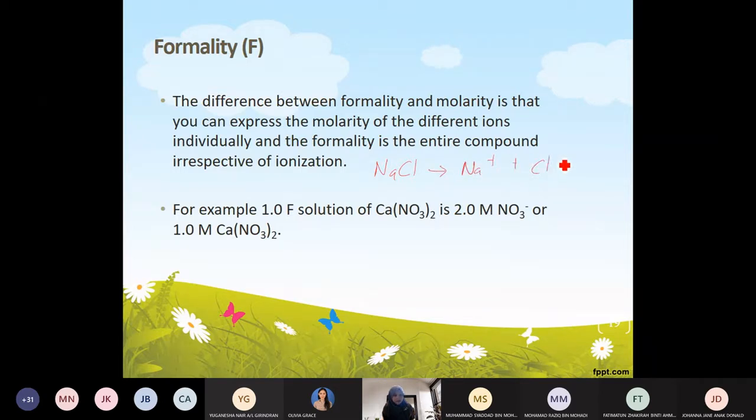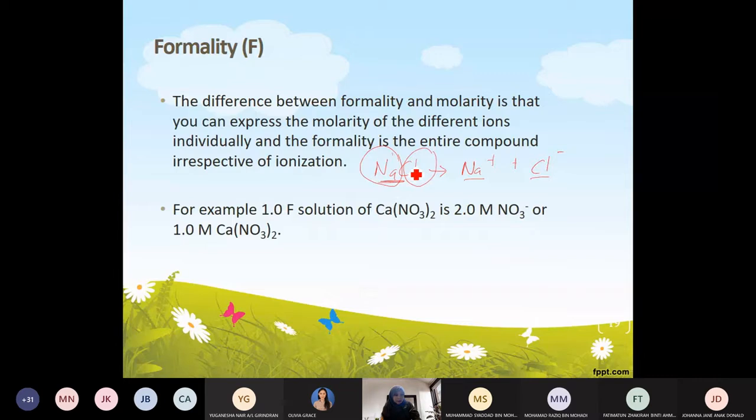Itu masuk ionized. Normally, semua ionic compound, if you look at the periodic table, dia ada komponen yang metal dengan non-metal. So ini metal, ini non-metal. So metal and non-metal produce ionic compound. Ionic compound ionizes in water, so it produces these ions here.